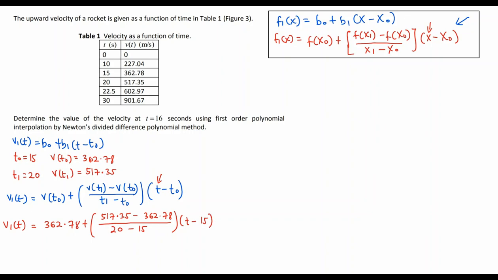Now let's do the simplification and see what you are going to get. You're still going to have 362.78 here, plus, let's deal with what is in the bracket: 517.35 minus 362.78, divided by 20 minus 15.